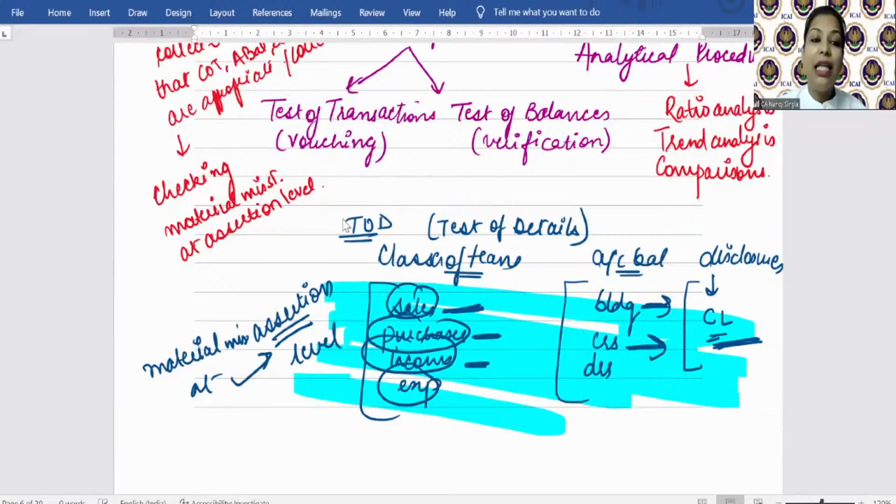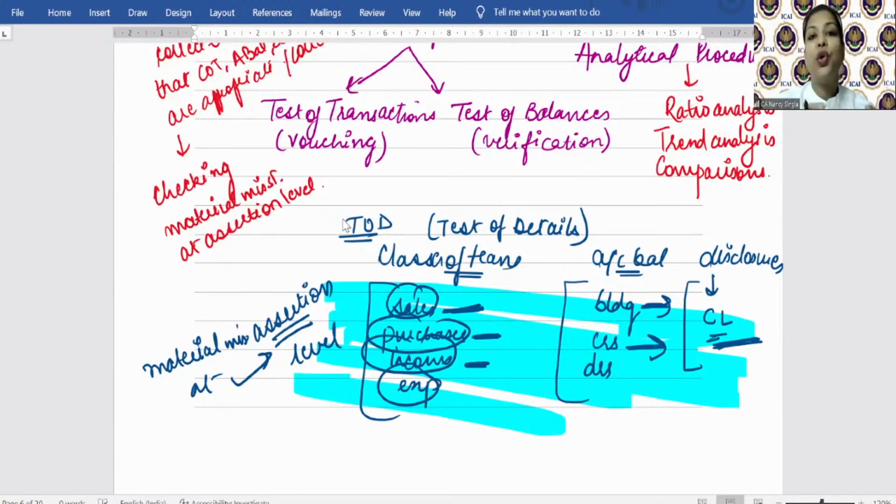But unless the auditor performs audit procedures with respect to these assertions, that is why it is mentioned assertion level. With respect to sales, the auditor will check each and everything. With respect to building, the auditor will check each and everything.